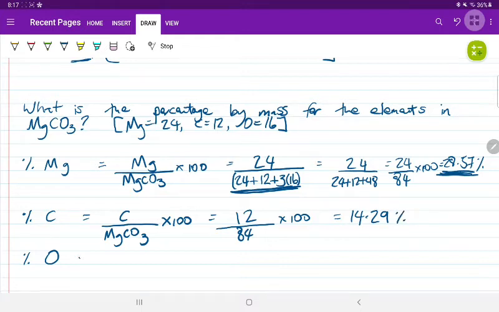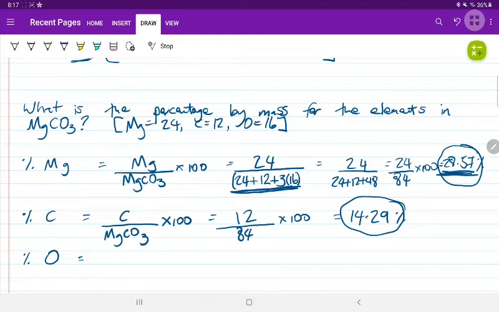Now, for the oxygen, we have a couple ways we could do that. Since oxygen is the third element, the last element in the compound, you could add up these two and then subtract it from 100.